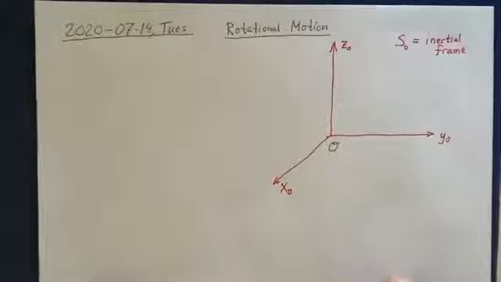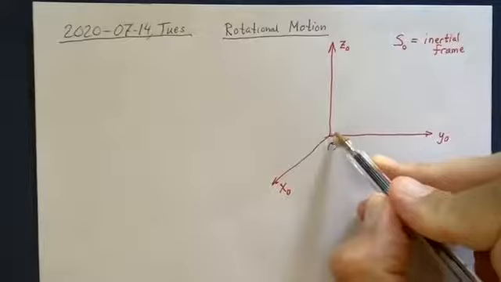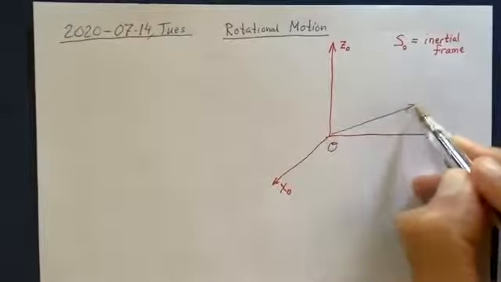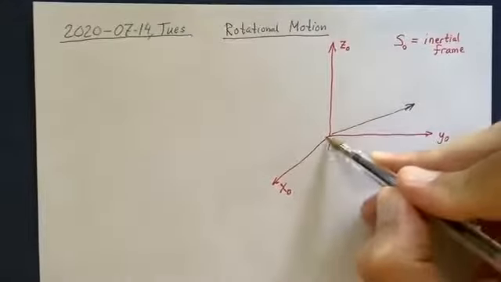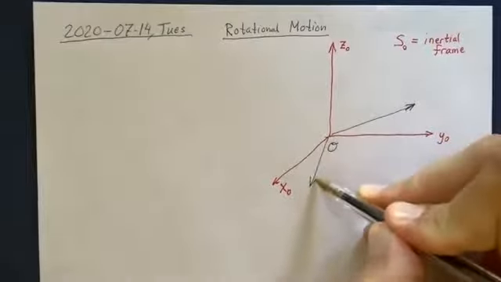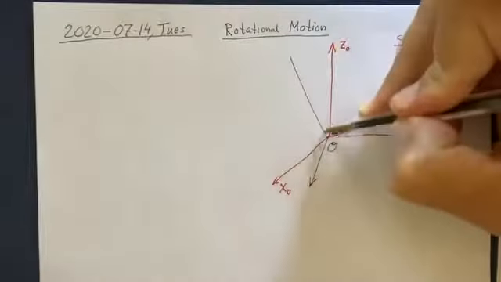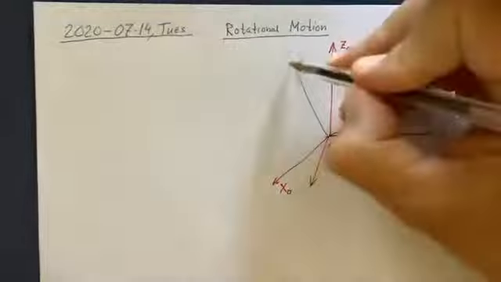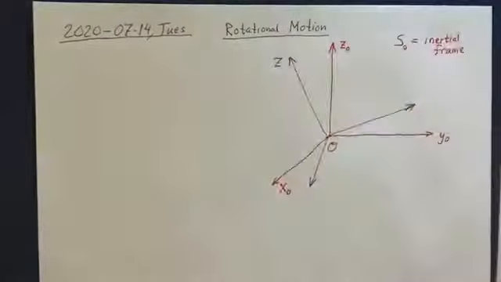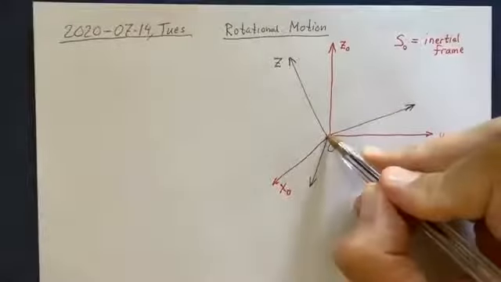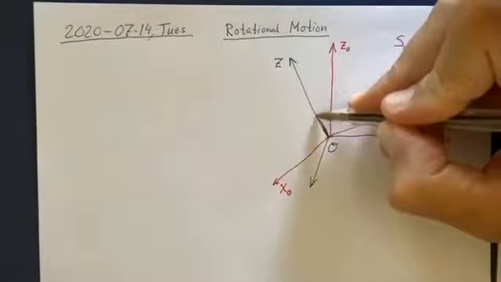Okay, let's draw the coordinate axes for the S frame. Okay, so you see what we have here. Maybe I'm trying to repair this, make it a little bit better.